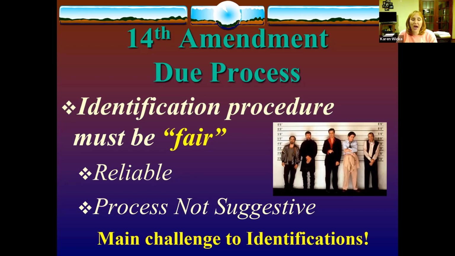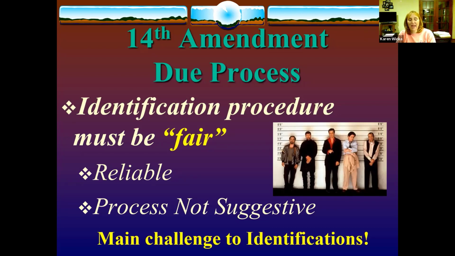The second thing is we have to have some level of belief that this process is reliable. We don't want witnesses just guessing who they think it is. We want some reliability. We want to be able to trust what they said. So when we talk about pretrial identifications, we're almost always looking at these two factors, reliability and suggestivity.